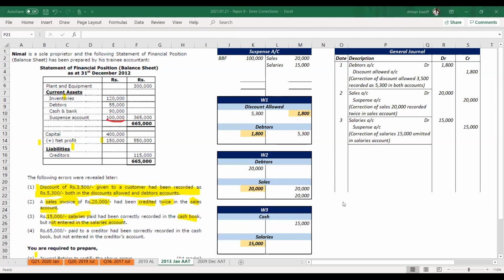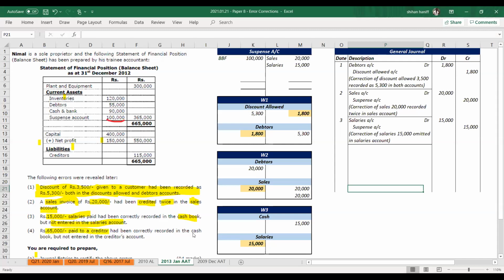Okay. Next, 65,000 paid to a creditor had been correctly recorded in the cash book, but not entered in the creditor's account.